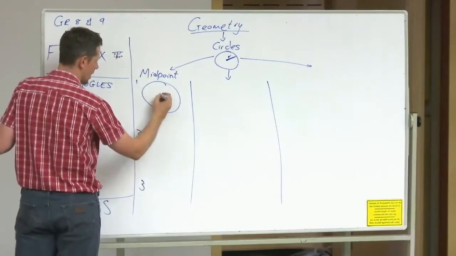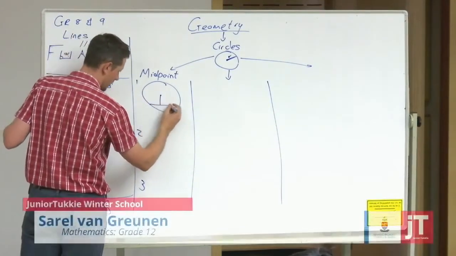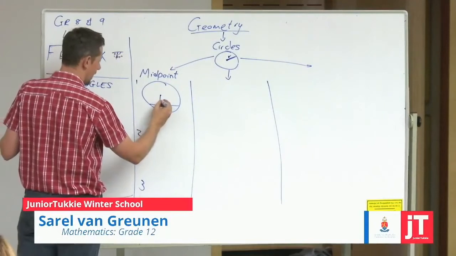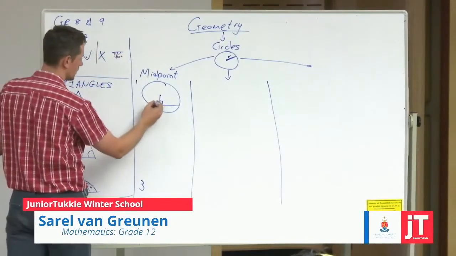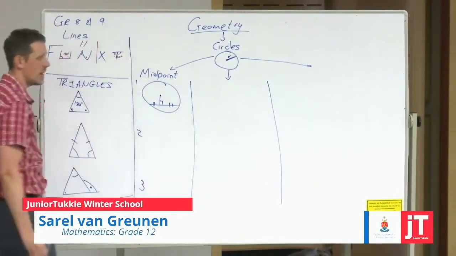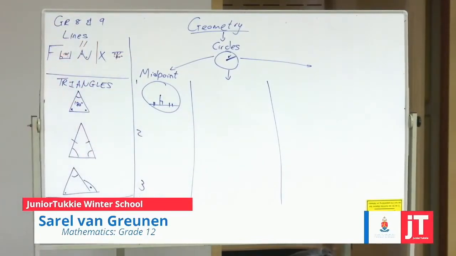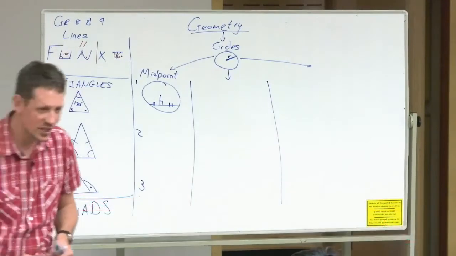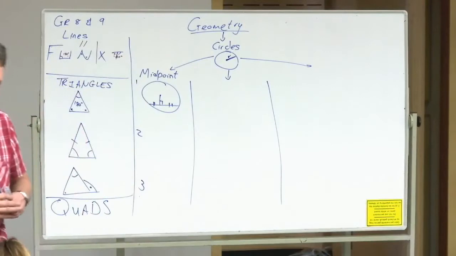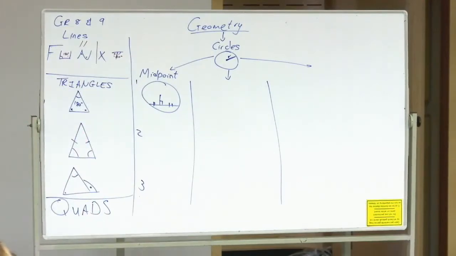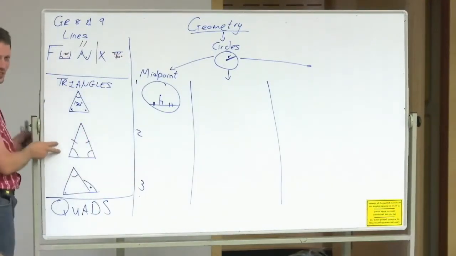Theorem 1 says, from the center of a circle, if I have a radius and it's perpendicular to a chord, it will bisect that chord. And here, my gents, I've got the second way of proving sides equal to each other. The first way is using isosceles triangles.